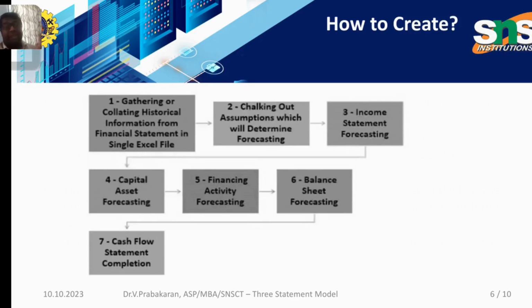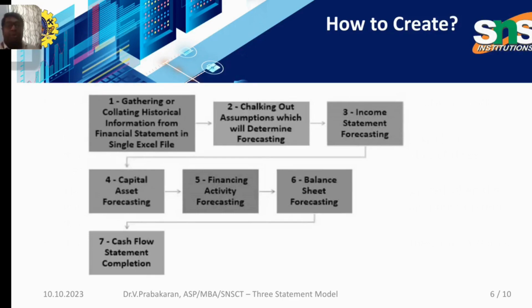Then the connections of the income statement and balance sheet will lead to preparation of your cash flow statements. There is a difference between income and cash flow. Please keep it in mind. Income is a paper document, whereas cash flow is the actual cash inflow in the company. The income statement talks about the paper figures. So when you connect the income statement with the historical data, that will give you a projection, and based on that, your balance sheet will be linked.